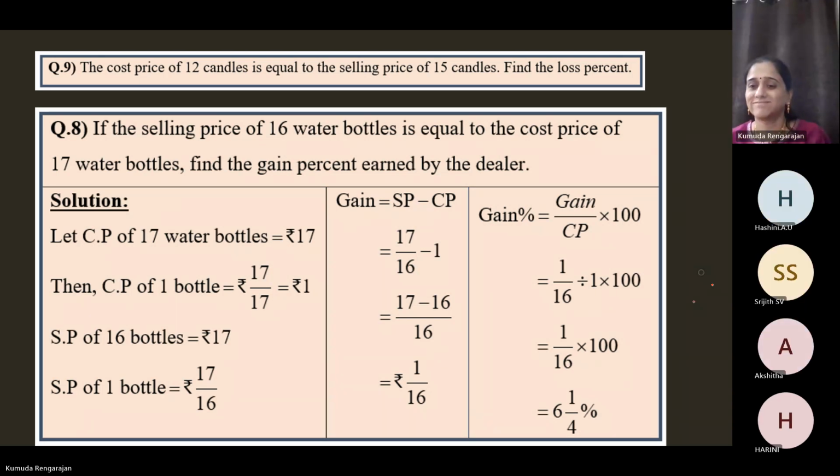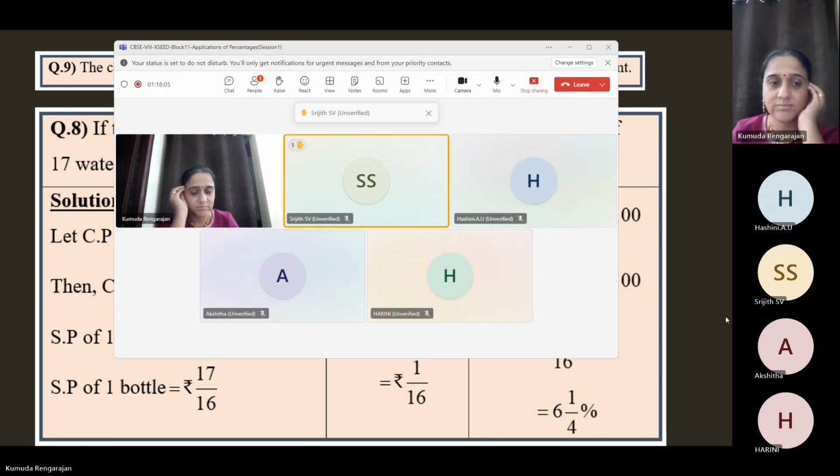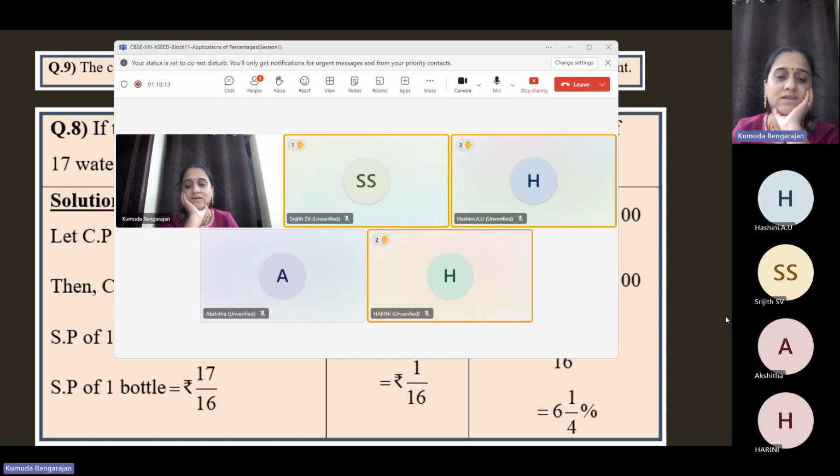25%. Okay. What's the answer, online children? Raise your hand, all of you. Use the raise hand option. Okay, so there is Srijit. Srijit, you've become so quiet these days. Hasini, Harini, Akshita, are you there?